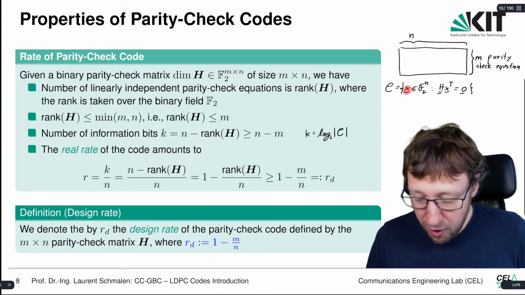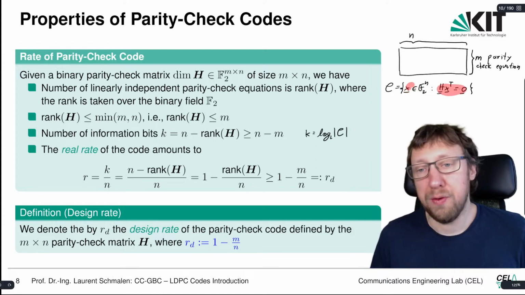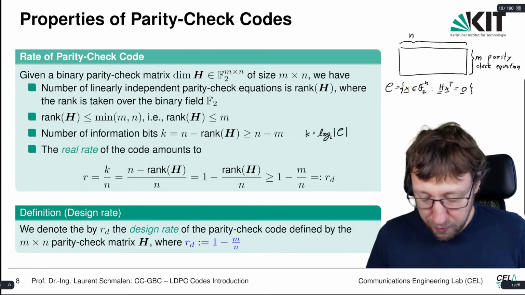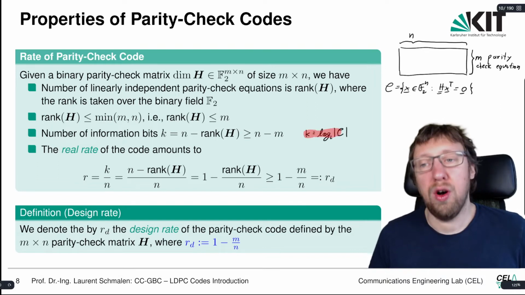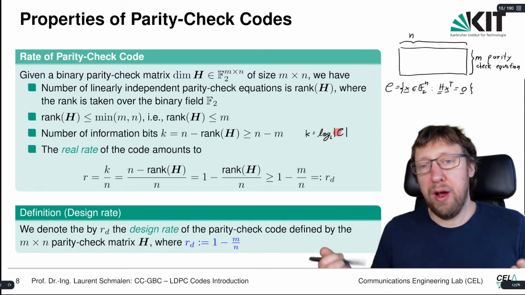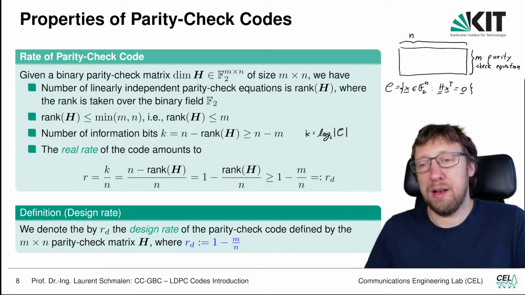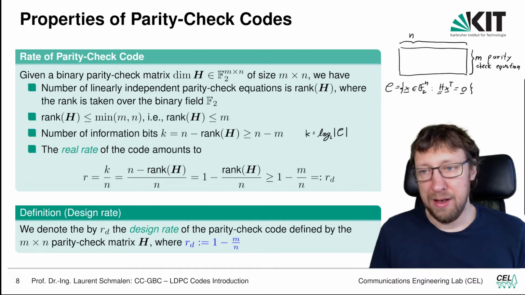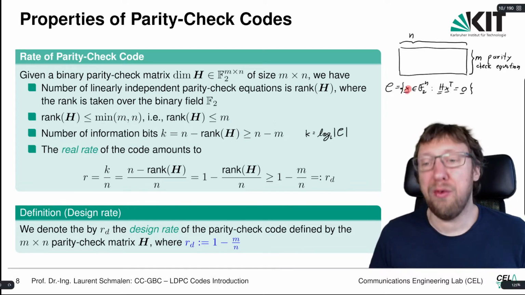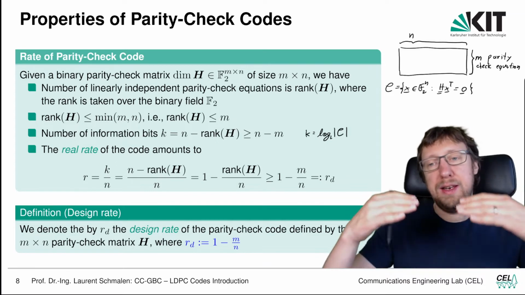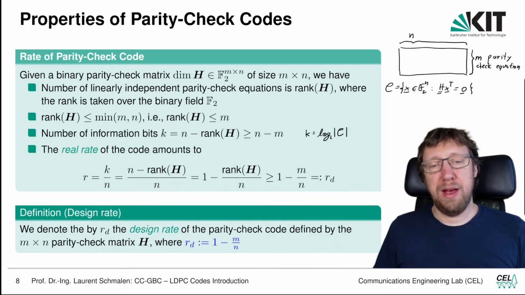Depending on for how many x this equation is fulfilled, K is given by log 2 of the set. If we only have one effective equation fulfilled, then we only have one x. With two effective ones, we possibly have four different x. So that tells us how many information bits we have.